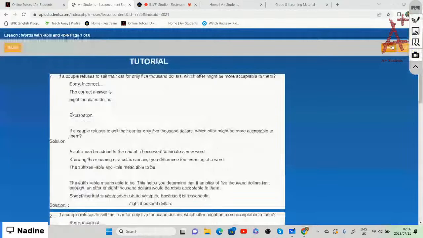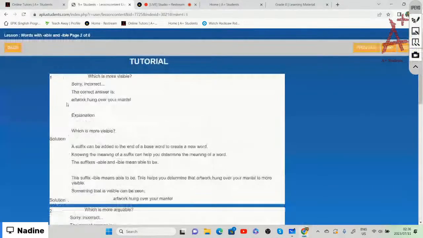All right, going to the next one, which is more visible. Visible, something that can be seen. So, what is more visible? Remember, visible is something that you can see or that can be seen. If you walk into a room, what is the first thing that you maybe see? Something visible, right? Something that can be seen.